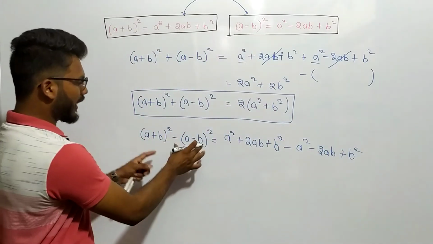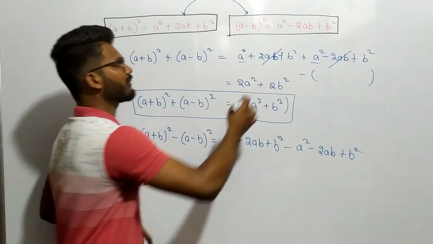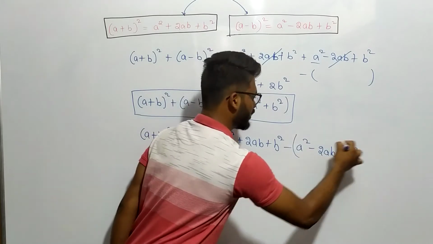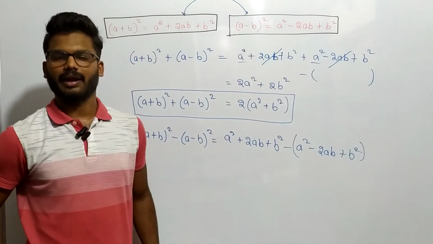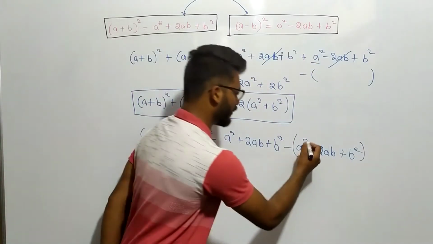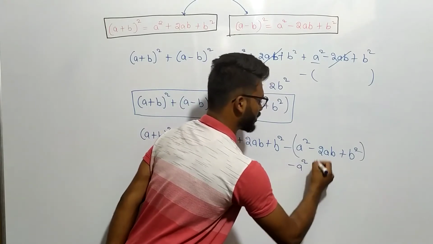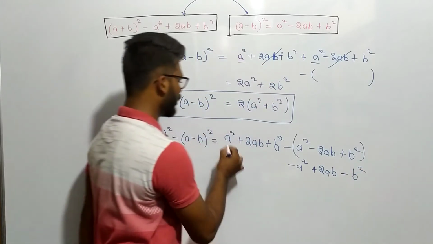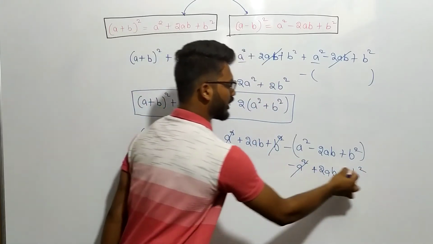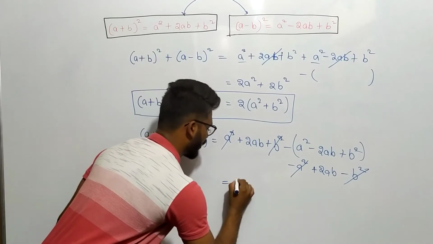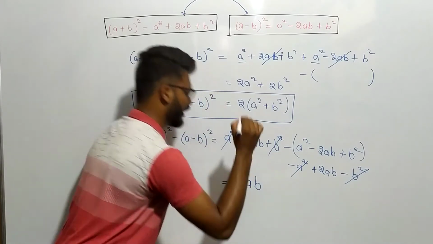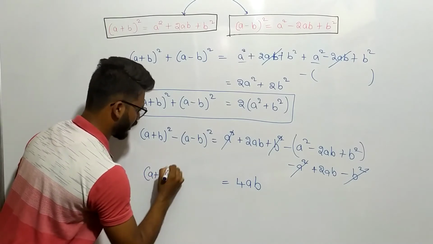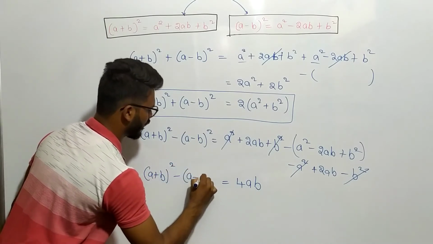Why? We are subtracting the (a minus b) whole square total, nothing but this total we have to subtract from this number. So for this total you have to keep a minus bracket. Then this will become minus a square, minus minus plus 2ab, and this will become minus b square. So a square and minus a square, b square and minus b square cancel. You will get 4ab.